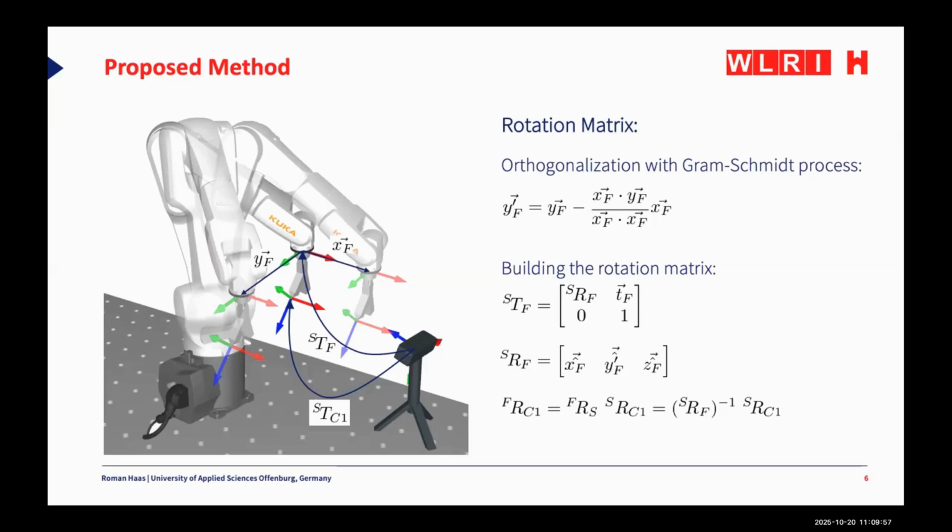And also, as we saw with the transformation matrices, we can chain the rotation matrices and get to this equation down here. So this is what we want from flange to C1. So from here to here, we want the rotation behavior between that. And therefore, we use that rotation matrix that we just built and calculate it with this equation.